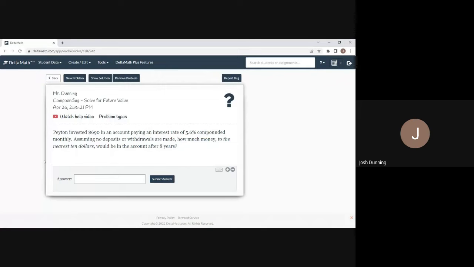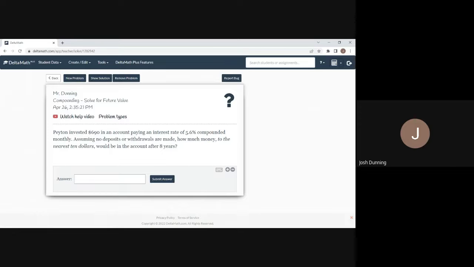Peyton is investing $690 into an account paying an interest rate of 5.6% compounded monthly, assuming no money is taken out or put in, because that'll change everything and then it works totally differently. How much money to the nearest $10 would be in the account after 8 years? So be careful. We're going to round to $10, not tenths, $10.